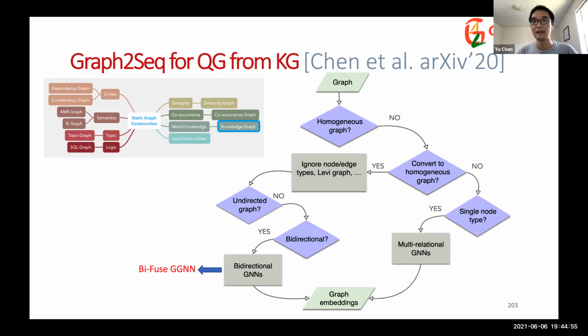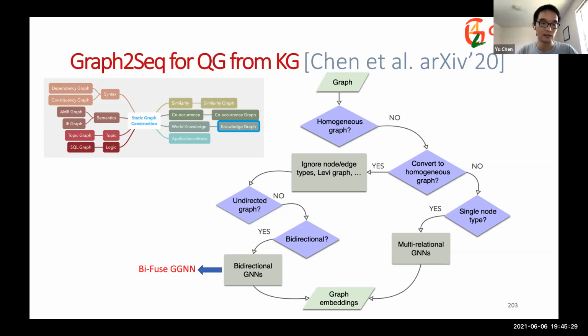And they also applied another graph encoder variant, which is the multi-relational GNN. In that variant, they directly introduce the edge embeddings, which capture the semantic meanings of the relations of the KG, to encode it. And the multi-relational GNN is able to encode multi-relational graphs, as we already discussed.